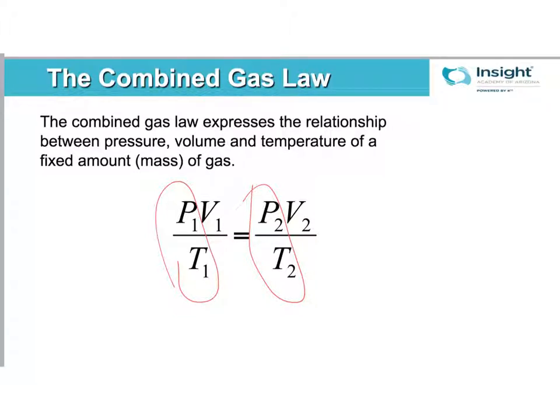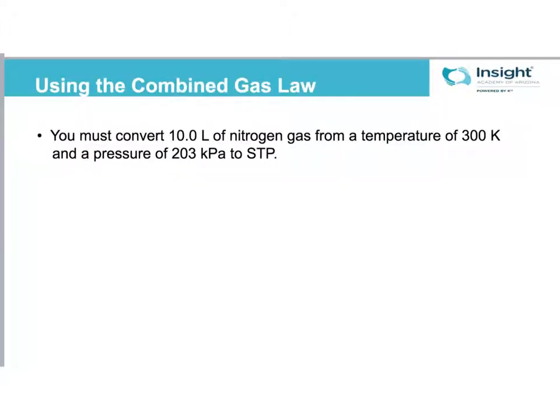And this helps you if you ever have a question like this one. You must convert 10 liters of nitrogen gas from a temperature of 300 Kelvin and a pressure of 203 kPa to STP, or standard temperature and pressure.